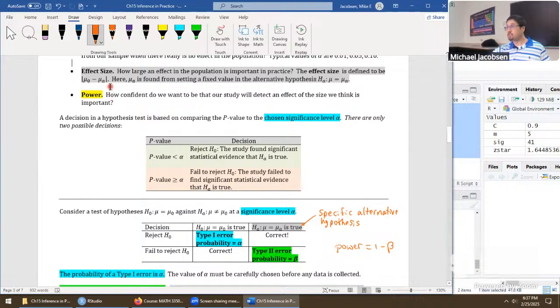In our author's words, power answers the question of how confident do we want to be that our study will detect an effect size, say, that specific alternative that we think is important. So correctly rejecting the null hypothesis under the assumption a specific alternative is true, which is formed by considering the effect size in the actual statistical problem's context.